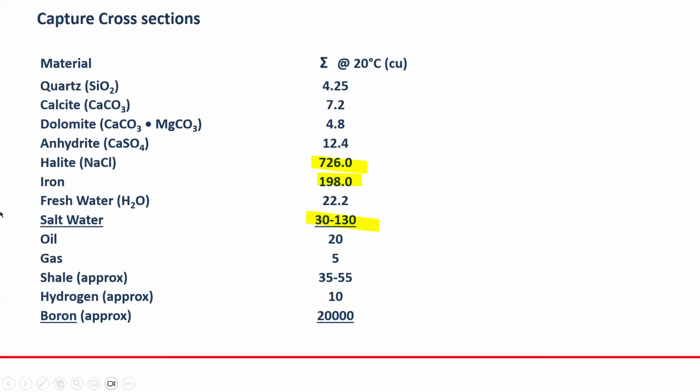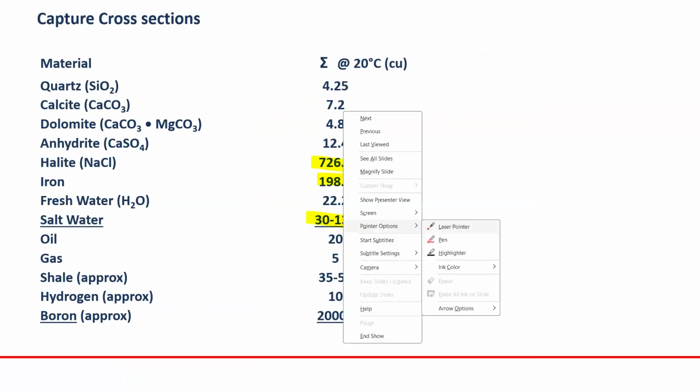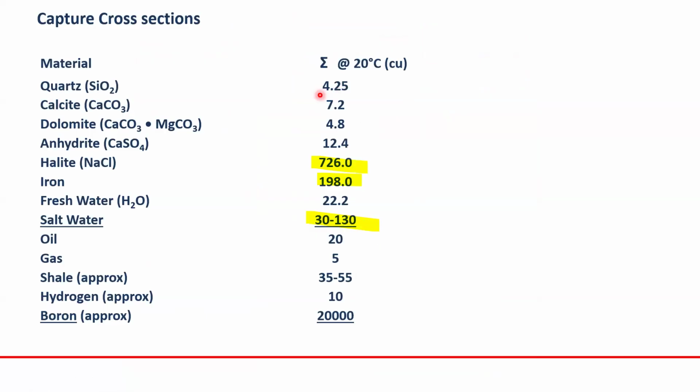Okay, what's the importance of this sigma? As you know, most of the materials or minerals have a sigma. It's not high. Quartz is 4, calcite 7. But if you have halite, NaCl, it's 700. If you have iron, it's about 200. Salt water is from 30 to 130.